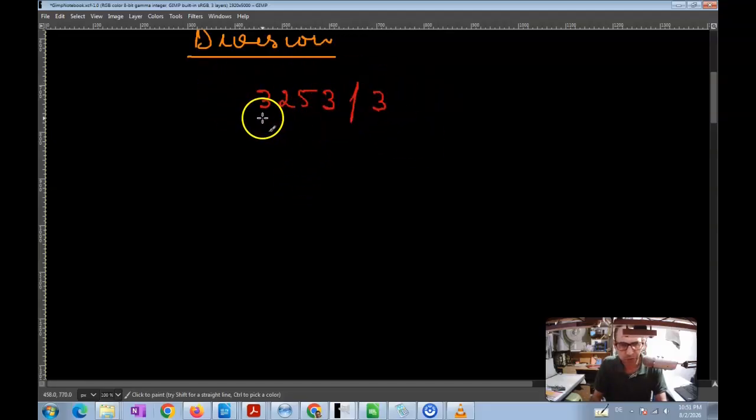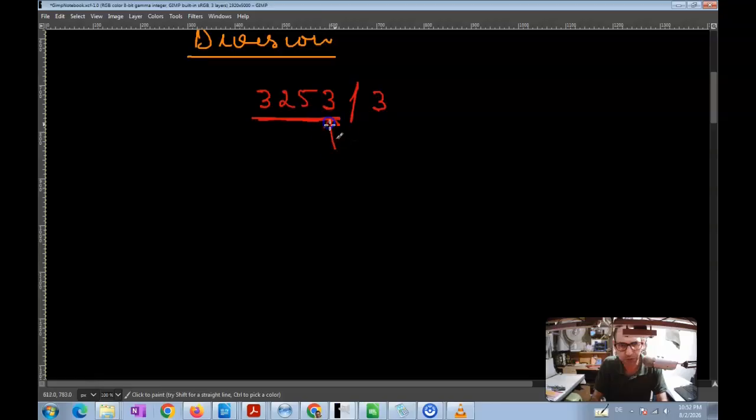So the number of objects that I want to divide is 3,253, which is a fairly large number of objects, right? But what is actually 3,253? What does it mean? This number has the ones place value, the tens place value, the hundreds place value, and the thousands place value, right?